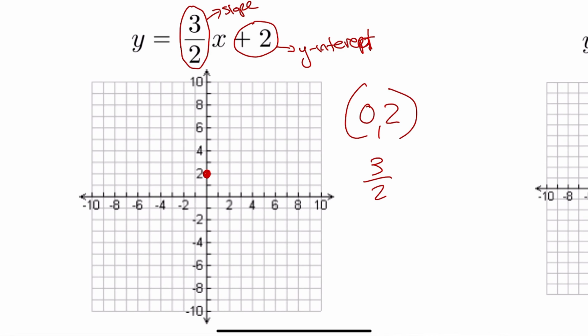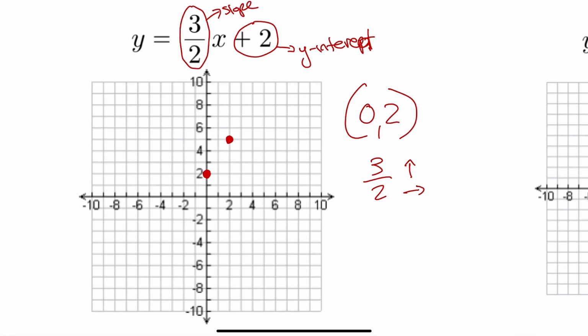Right there. All right. Then I'm going to go in with my slope. So the slope is telling me I'm going to go up 3 and then to the right 2. So I'm going to start at the point that I just put down at my y-intercept. I'm going to go up 1, 2, 3 over 1, 2 right here. Okay.